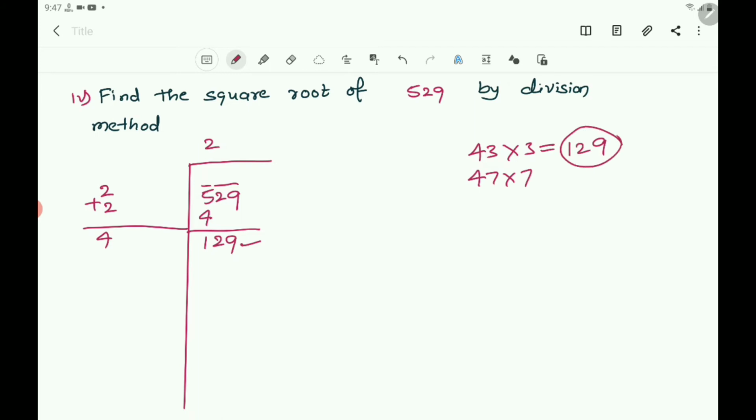You got 129 here only. So what can you put here? 3, 3. So you got 129. 129 minus 129 is 0. Therefore, what can you write? Square root of 529 equals 23. Square root of 529 equals 23.